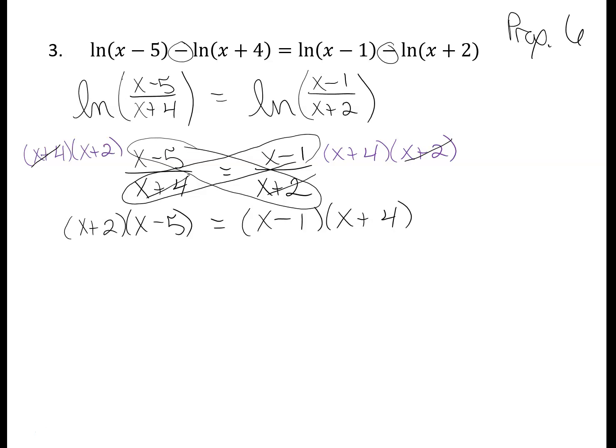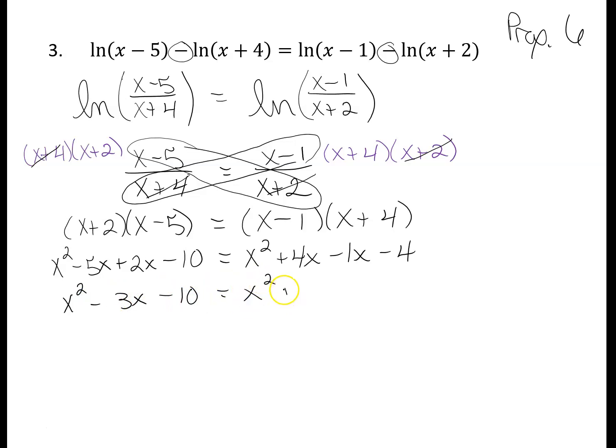Okay, back to the left side here. Let's FOIL that. It's going to be x squared minus 5x plus 2x minus 10. And on the right side, x squared plus 4x minus 1x minus 4. Combine like terms.